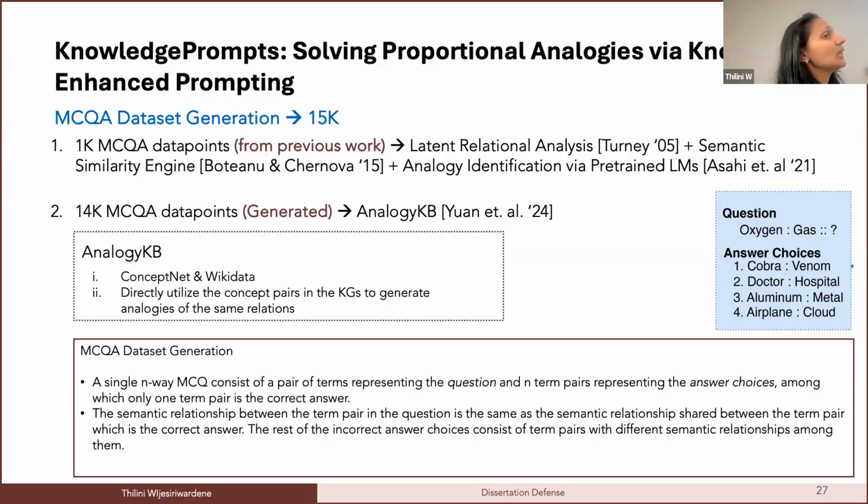Only one should be correct. The semantic relationship between the term pair in the question should match the term pair in the answer. We randomly created these answer choices. That is how we created the data set. So we combined the 1,000 data points and the 14,000 data points to create 15K.